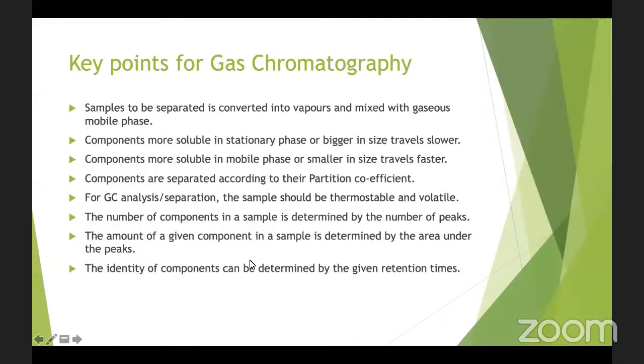The identity of the component can be determined by the given retention time. The time when it leaves the column is the retention time, and using that retention time, that component is identified using a reference table.